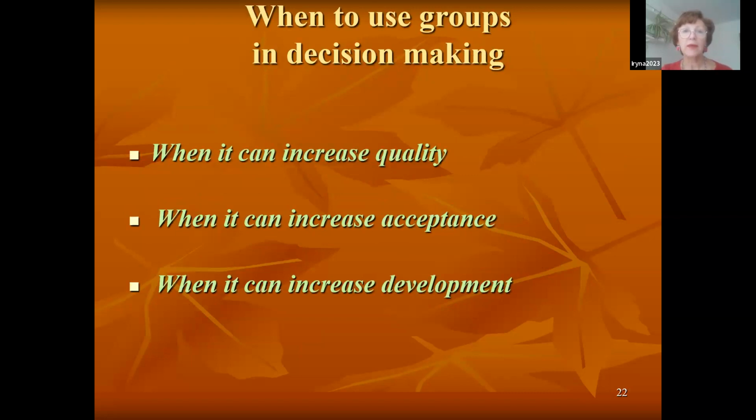Okay, I think probably this one as well. So group decision is preferred when it can increase quality of the decision, when you need acceptance and it will increase acceptance of the decision, and a group decision increases development.